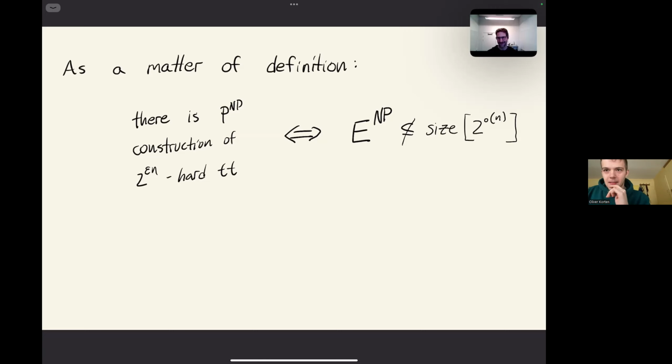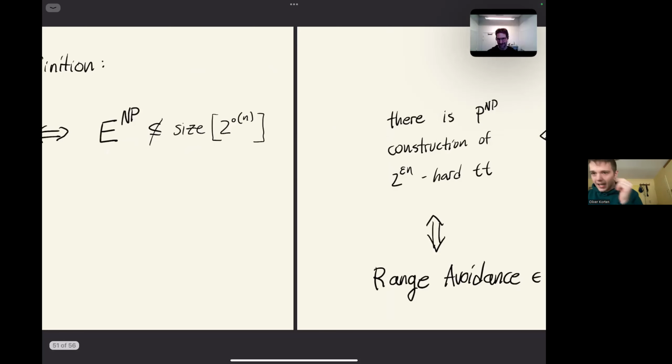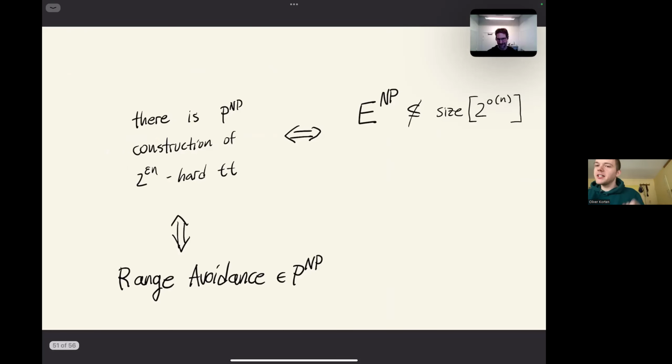So these P^NP constructions for this explicit construction problem are equivalent, as a statement, to this circuit lower bound. And now this completeness result says that this P^NP construction for some ε holds if and only if this range avoidance problem is in P^NP. It has a deterministic NP oracle algorithm.